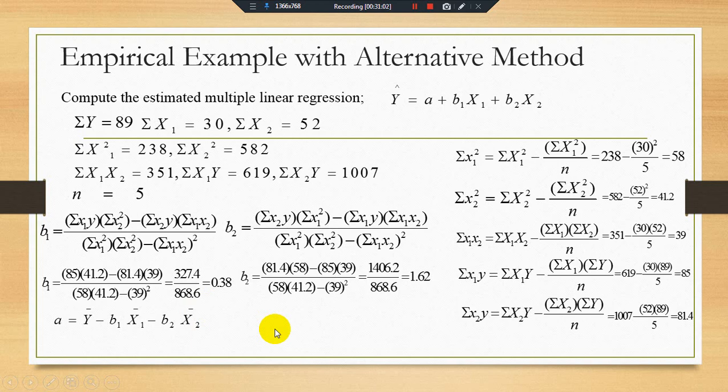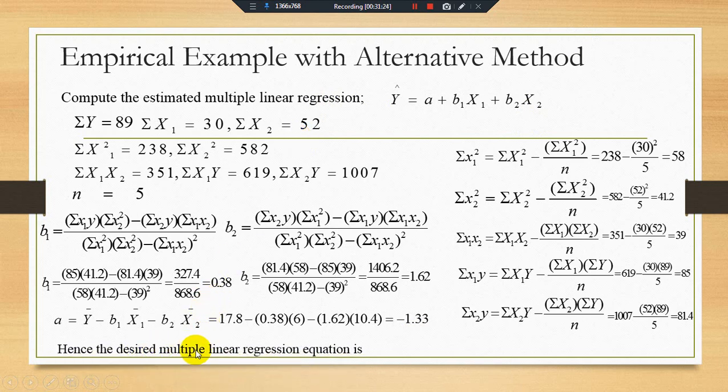So we put the values of these, we get A is equal to minus 1.33. Now put these estimated values b1, b2 and A into this equation, and we get the desired estimated regression line: y hat is equal to minus 1.33 plus 0.38 x1 plus 1.62 x2.